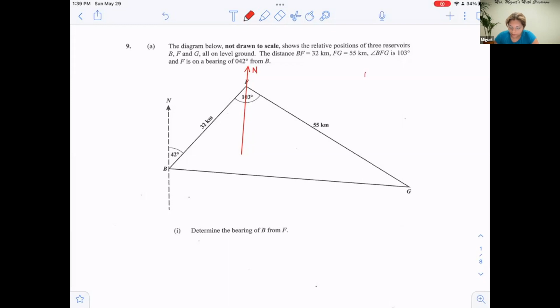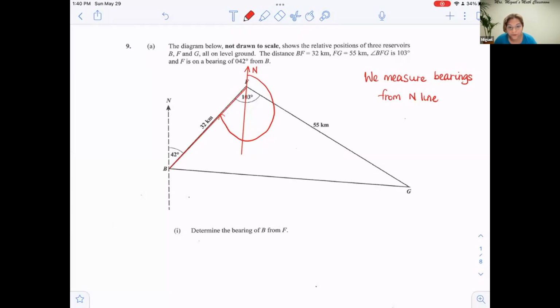We measure bearings from the north line. So we want the bearing where the line is at B. So this is the line here. We want this entire bearing.